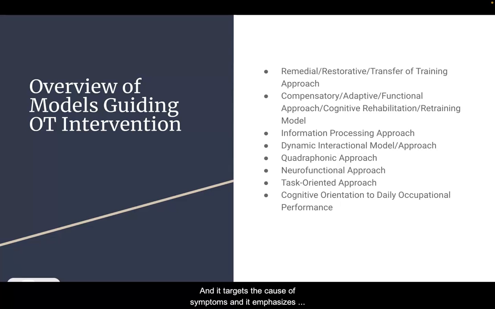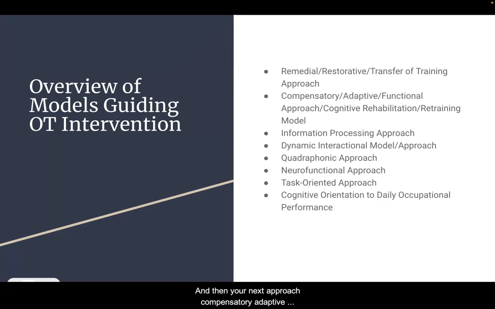It targets the cause of symptoms and emphasizes performance components. It assumes that improvements in the performance components will result in increased skill. It also assumes that the cerebral cortex is malleable and can be reorganized. So think neuroplasticity here. This approach utilizes tabletop and computer activities, for example, memory drills, block designs, and parquetry as treatment modalities.